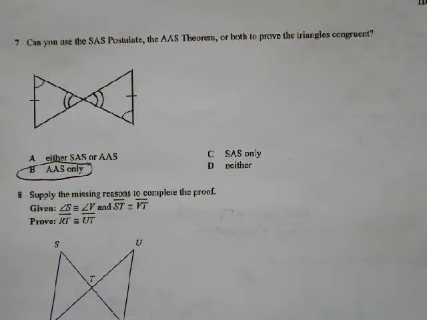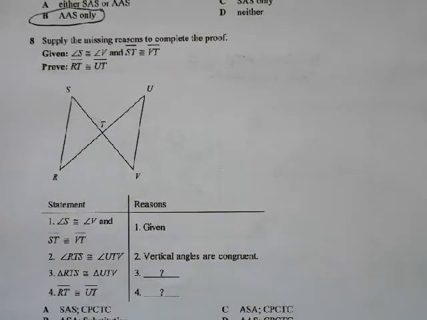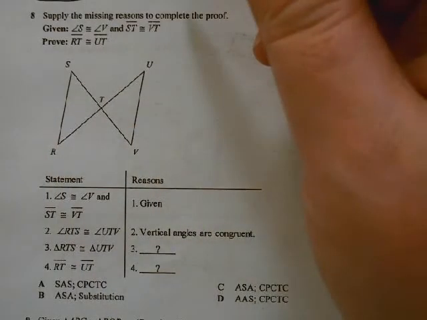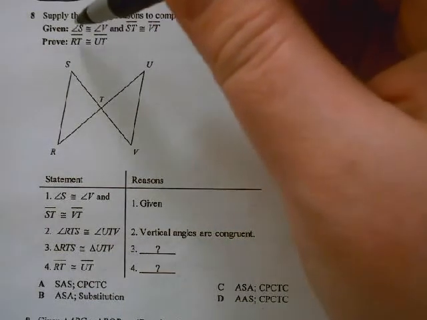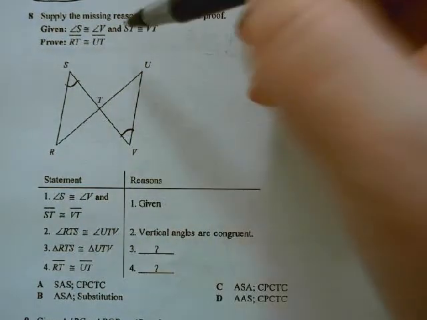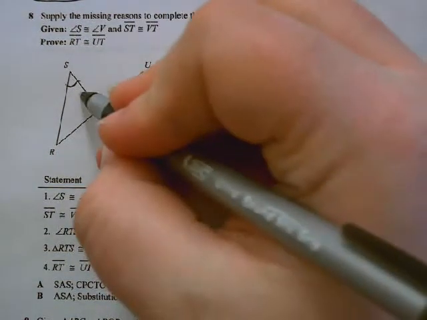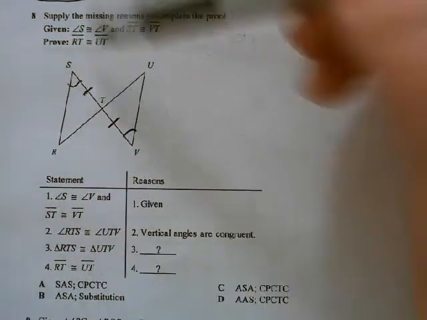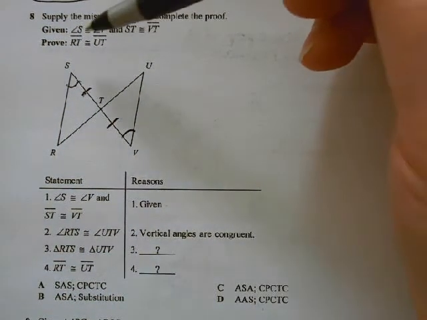Number 8, supply the missing reasons to complete the proof. Angle S is congruent to angle V, so we have that given. And ST is congruent to VT, again, given. Okay, step 2, angle RTS is congruent to UTV, because they are vertical angles.